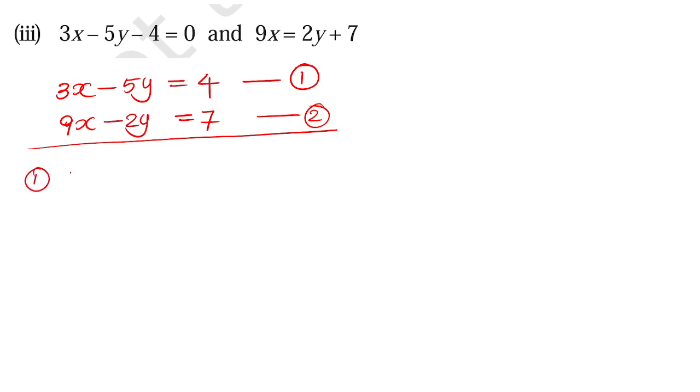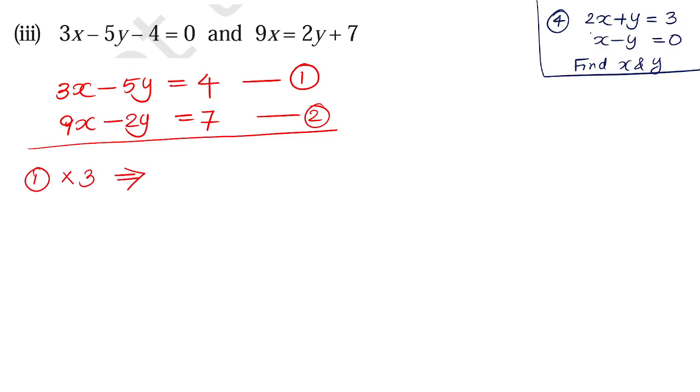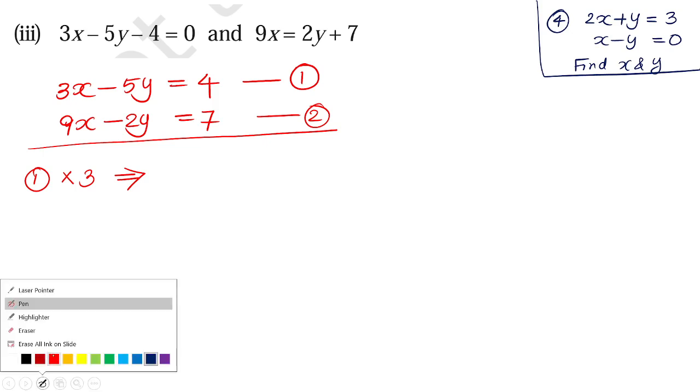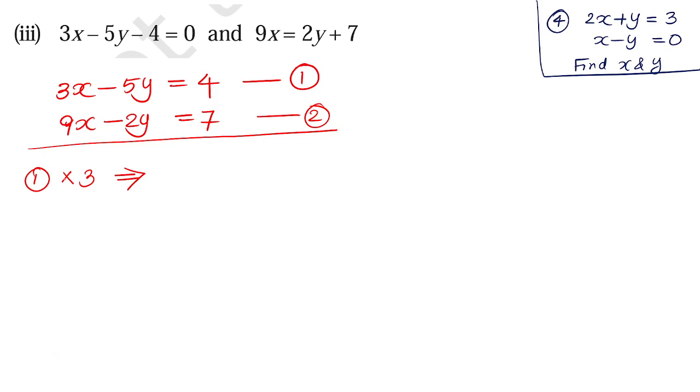So the first equation is multiplied with 3, both sides. 3 into 3x will be 9x.